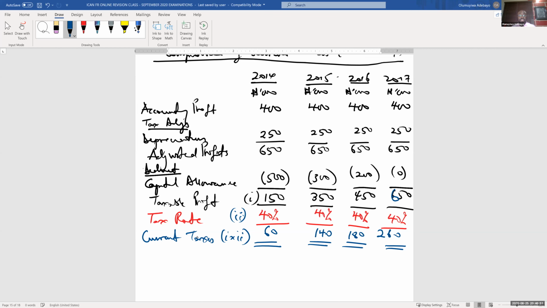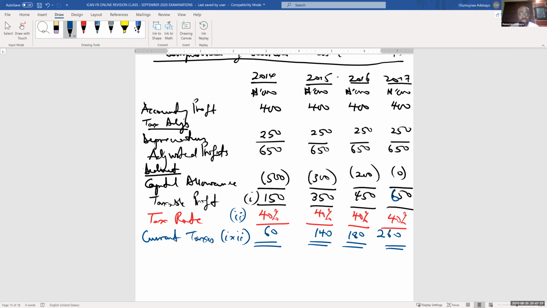Now that answers the first question, which means current tax is based on the computation from the tax law, which says your accounting profit is adjusted for items such as items not allowable for tax purposes, income not taxable, income taxable but omitted, expenses allowable but omitted. But of all of those adjustments, the only one we have available here is depreciation, which is a disallowable expense.